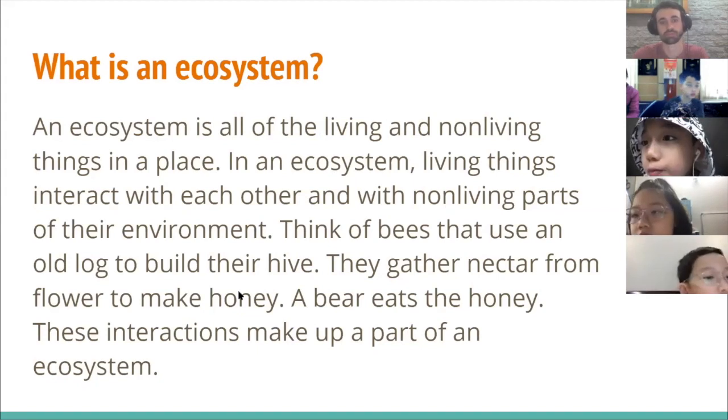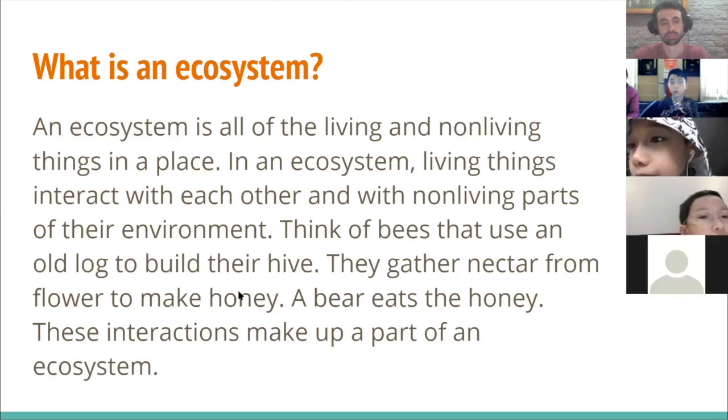Think of bees that use an old log to build their hive. They gather nectar from flowers to make honey. A bear eats the honey. This interaction makes up a part of an ecosystem.